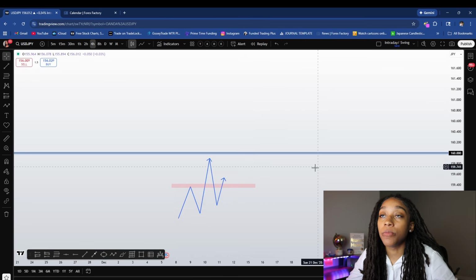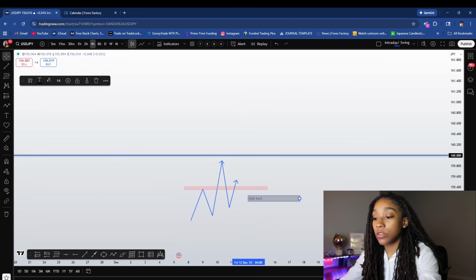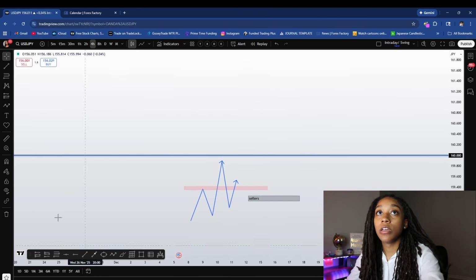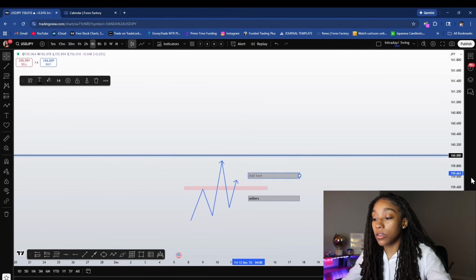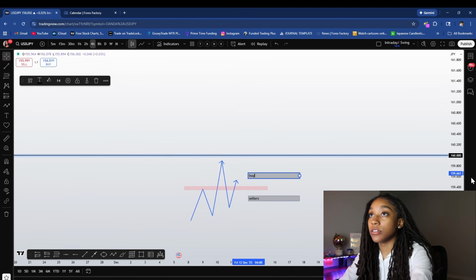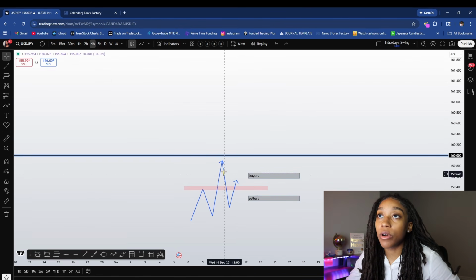The reason for this is because everything below this level, there are sellers sitting underneath this level, right? And everything above this level, we have buyers ready to take over. So we want to wait until price actually takes out the sellers on this level before we look to continue to go up moving forward.